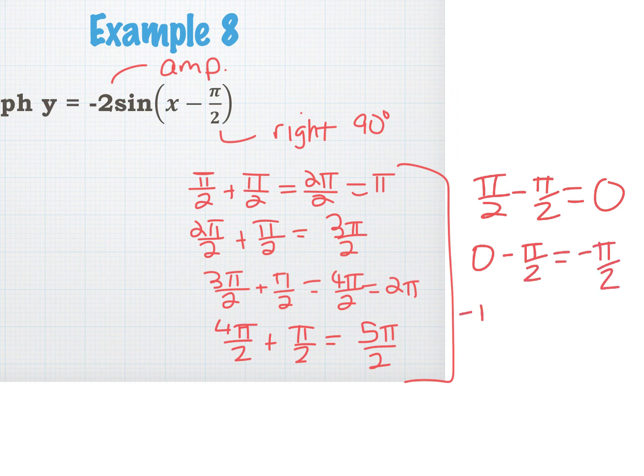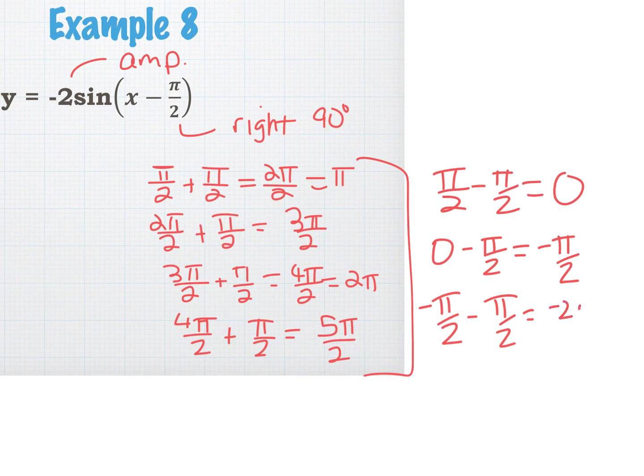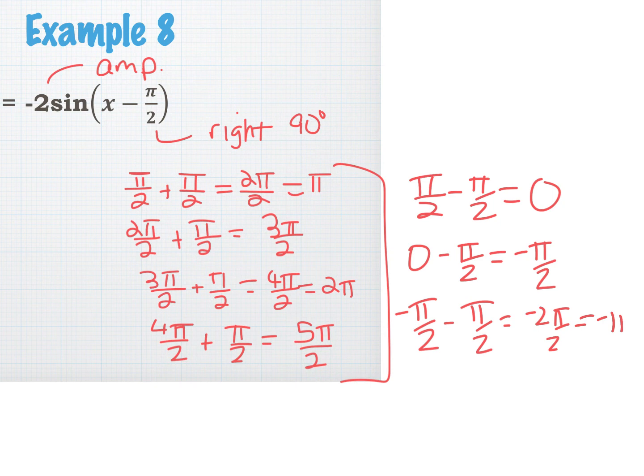And then negative pi over 2 minus pi over 2 gives me negative 2 pi over 2, which is just negative pi. And then my last calculation, again, take the negative 2 pi over 2 minus pi over 2, and I get negative 3 pi over 2.